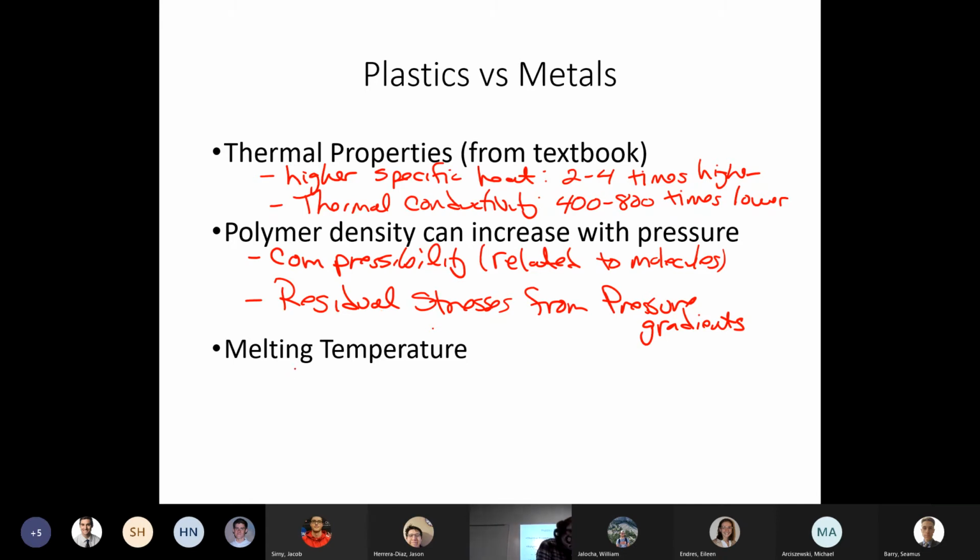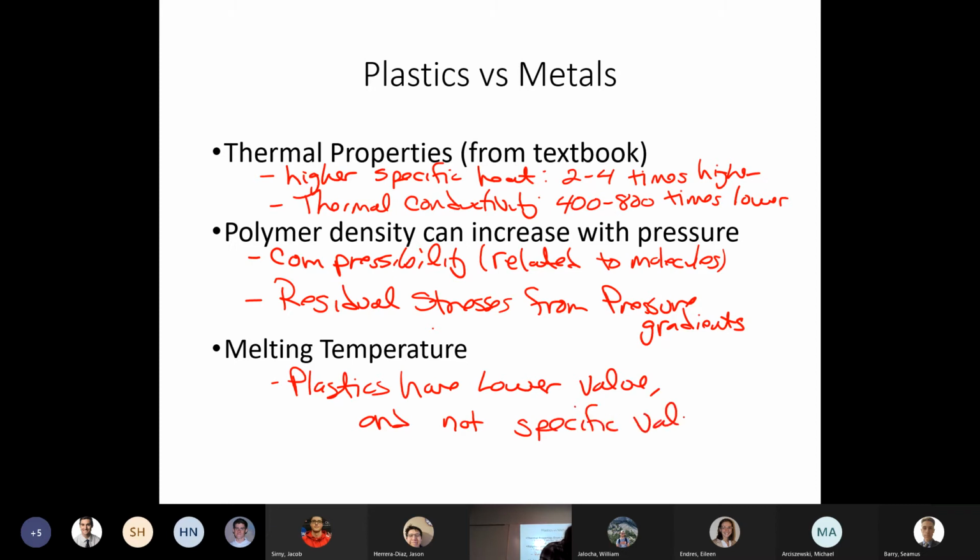Okay, and the last that we've talked about is that plastics have a lower value of melting temperature and not a specific value. So we're really looking at plastics melting and also therefore freezing, not at specific temperatures, although we love to talk about that.